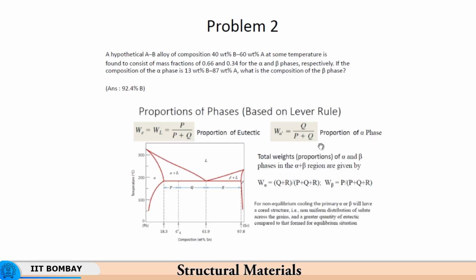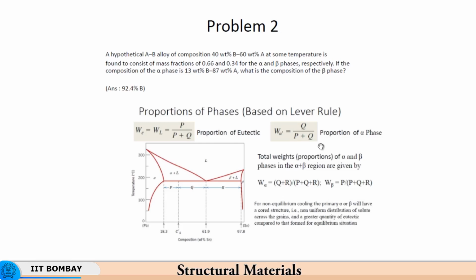So if you take 13%, wherever it hits this solidus line, that is the temperature at which the alpha phase is. So you have the temperature indicated, and then the corresponding proportion of beta can be calculated based on these formulae.